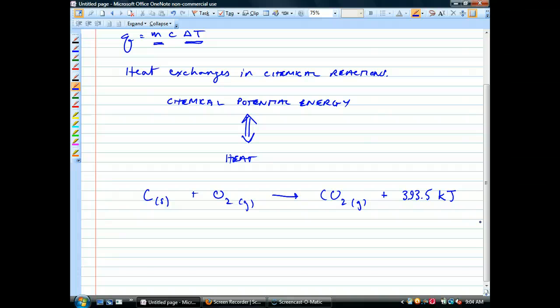If I write this like this, by the way, this is called a thermochemical equation. What I'm saying is that 1 mole of solid carbon, the little s means solid. In this unit, the phase symbols become very important because there's a big difference between producing a solid and producing a liquid in terms of heat.